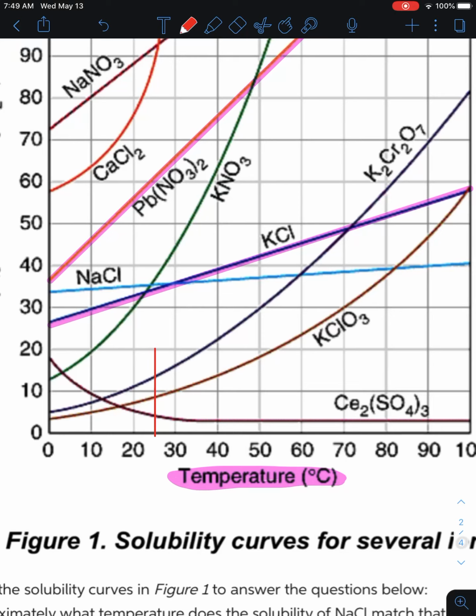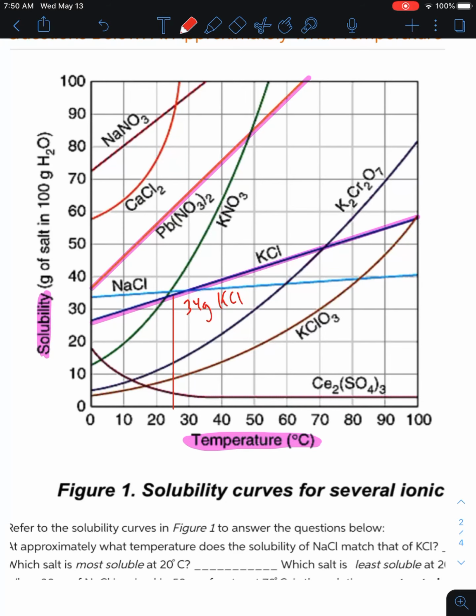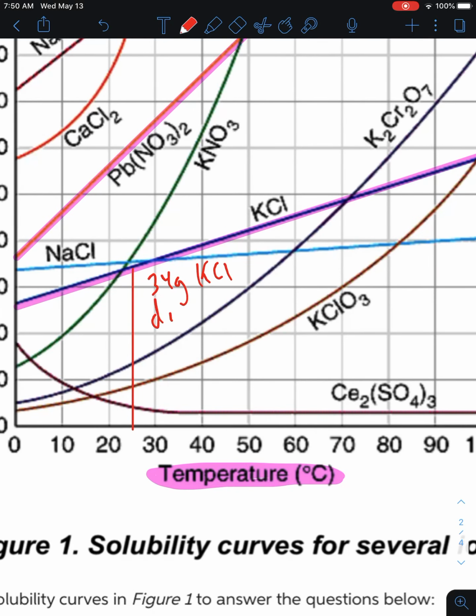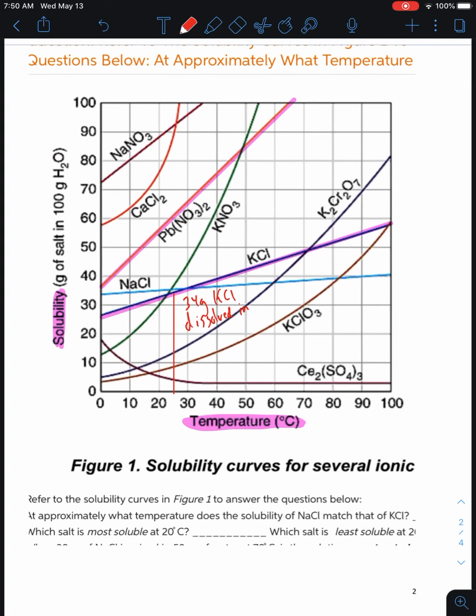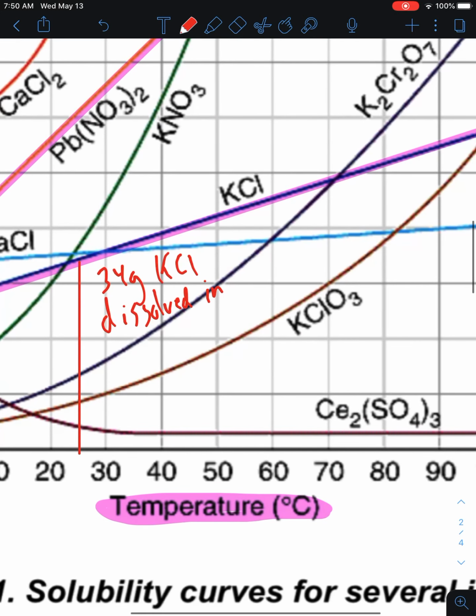Still unsaturated. Let's add 10 more grams. Unsaturated. And once we hit this mark right here on this line, it's about 34 grams. That's the amount of potassium chloride that dissolves in, and it says it right here, in 100 grams of water.